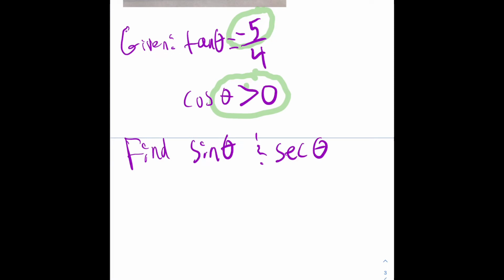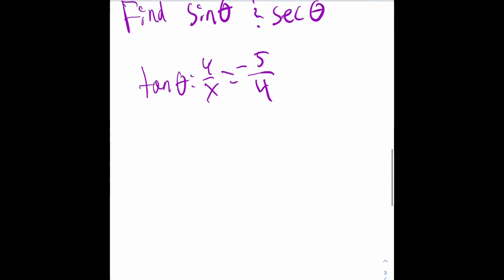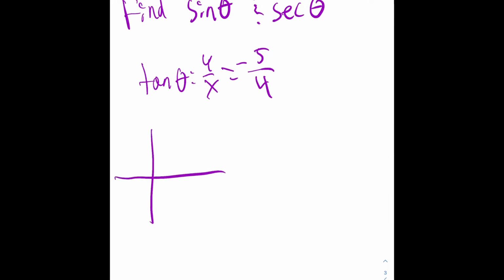If I think about tangent, I know that tangent is like saying y over x, which means that it is negative 5 over 4. So I can almost find sine, but in order to do that, I have to figure out what my radius would be, what that other side of the triangle is. If I sketch it out, I know I'm in quadrant 4. I'm going to be down here like this.